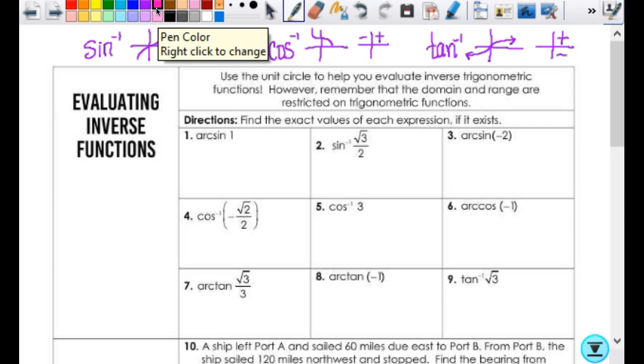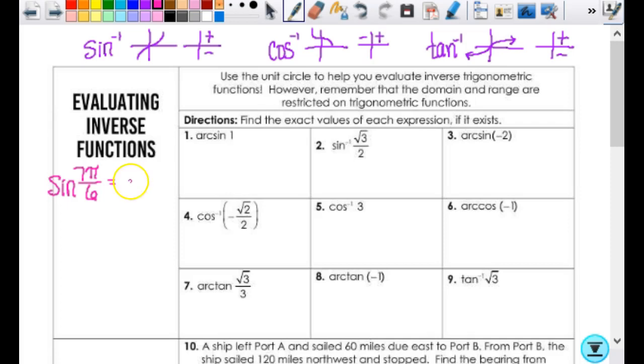what is the sine of 7 pi sixths? Think about that. What is the sine of 7 pi sixths? It's 1/2, positive or negative?